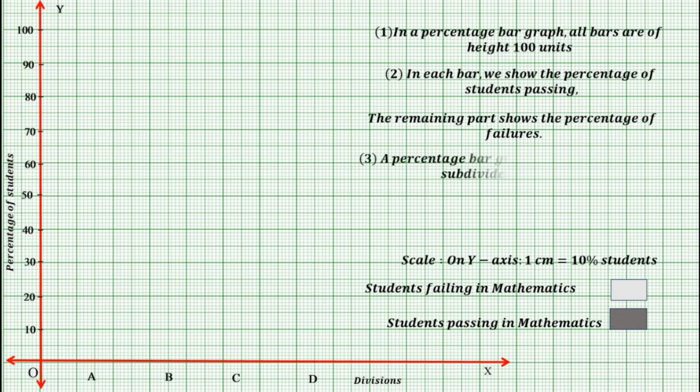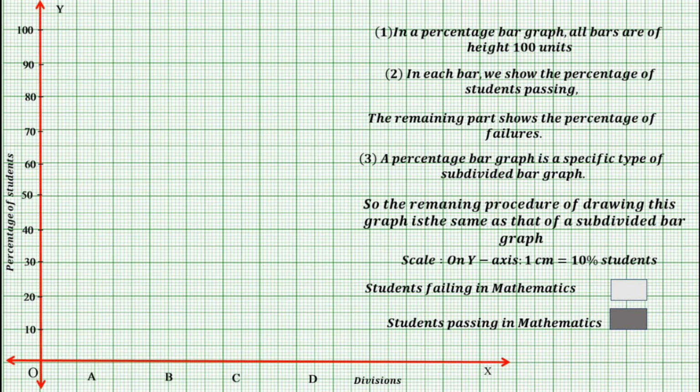The third point is that a percentage bar graph is a specific type of subdivided bar graph, so the remaining procedure of drawing this bar graph is the same as that of a subdivided bar graph.